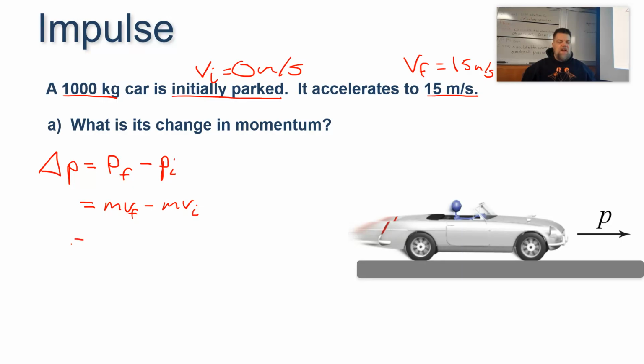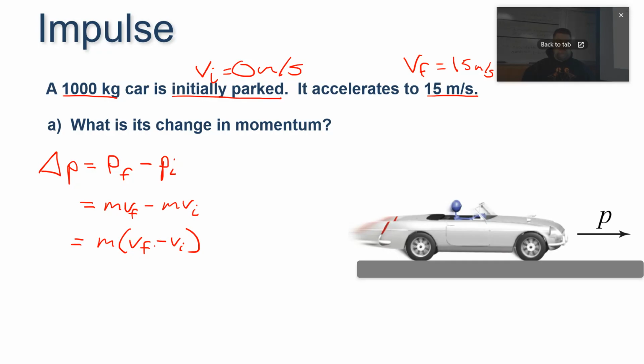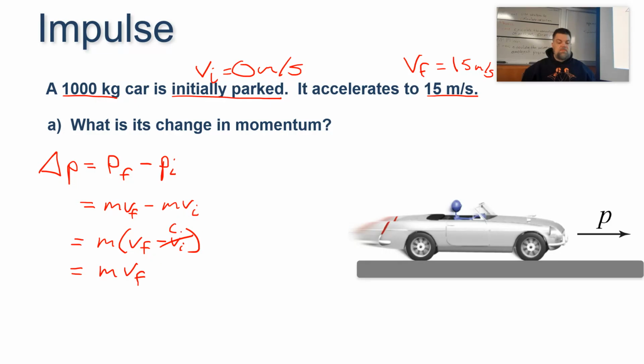Now you can simplify that and factor out the mass and just say final minus initial velocity. The math works out the same. Okay? But because the initial is 0, it's really just the mass times the final velocity. This whole thing goes to 0, because anything times 0 is 0.